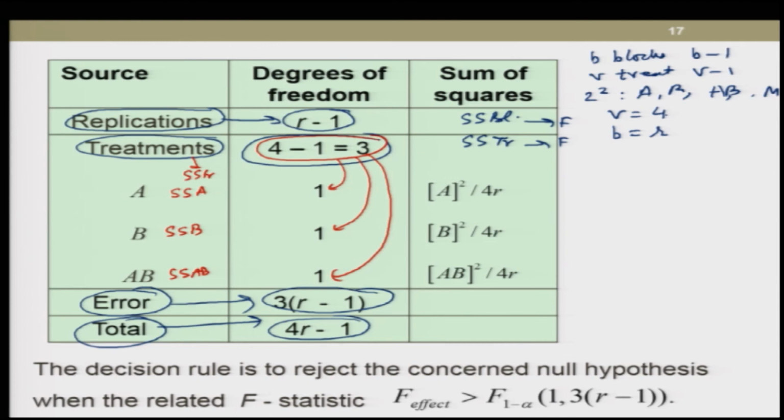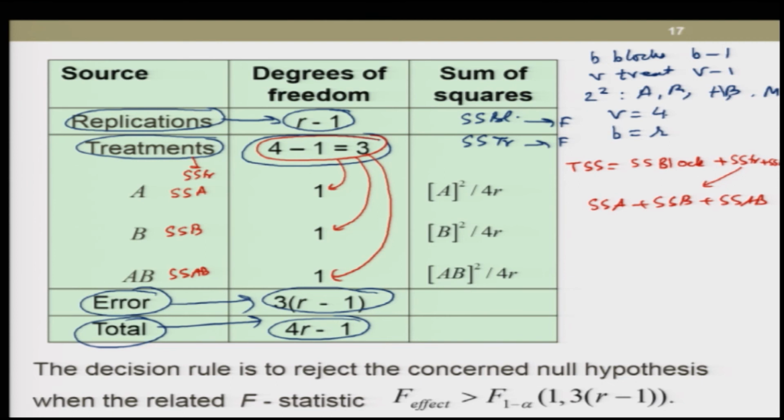So, essentially earlier, when you were decomposing the total sum of squares into SS block plus sum of square due to treatment plus SSE, now you are further decomposing this sum of square due to treatments into SSA plus SSB plus SSAB.